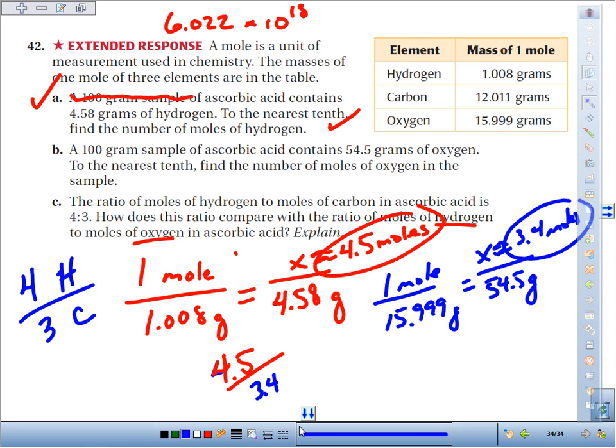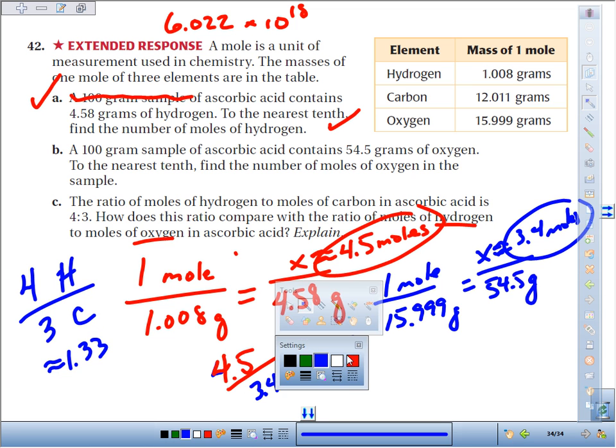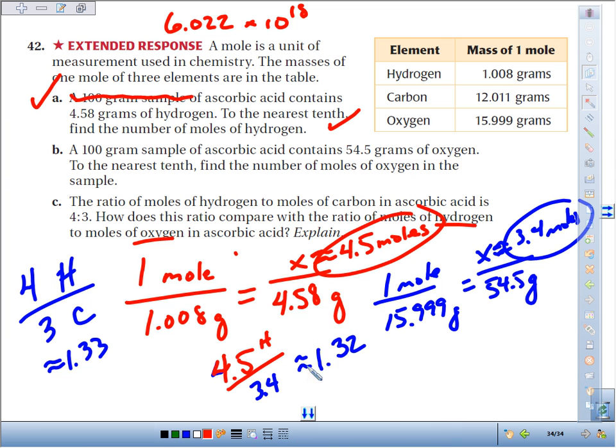What happens when I take 4.5 divided by 3.4? I get about 1.32. And if you look at the ratio of hydrogen to carbon, 4 to 3, that's about 1.33. So what do we notice about the ratio of hydrogen to carbon? It's almost the exact same as the ratio of hydrogen to oxygen.